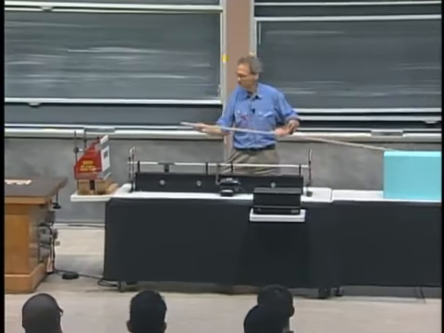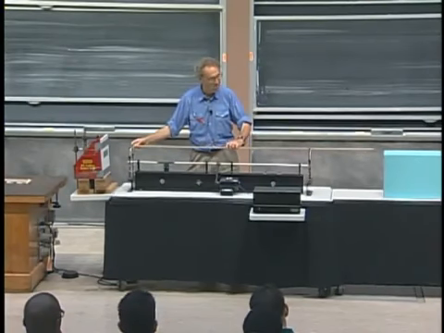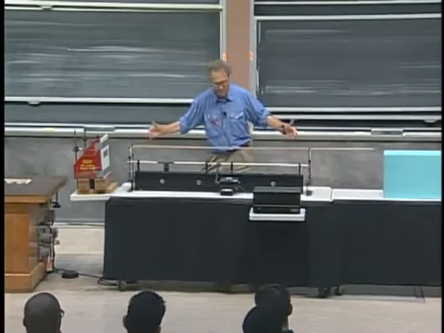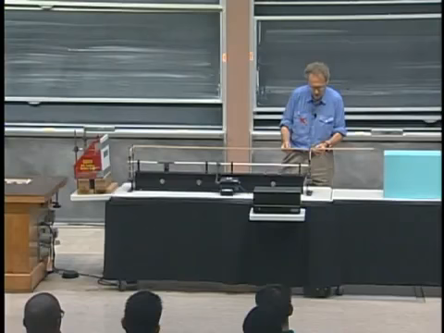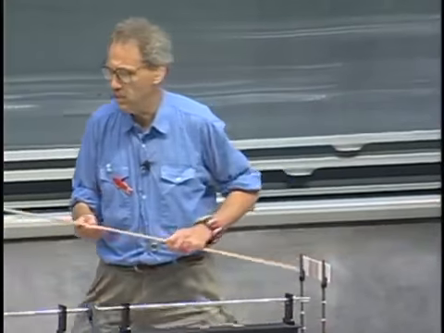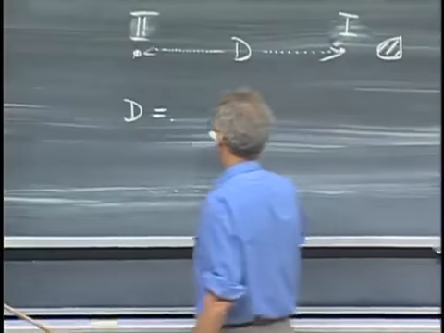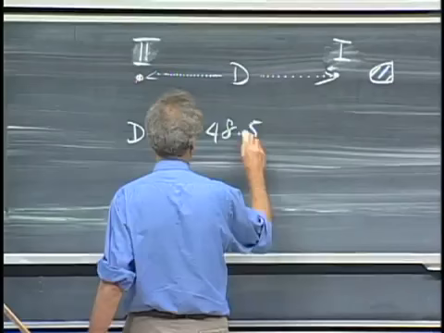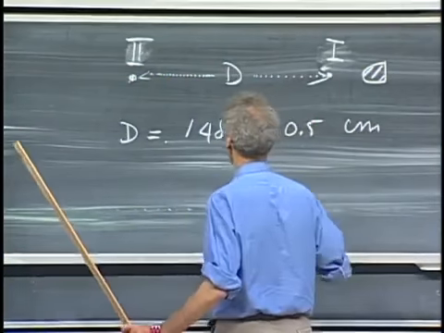Here's the other wire. I cannot do that any better, really, than maybe even half a centimeter, because the situation is not all that stable. I don't know what happens when the bullet will hit the wire. So I would say it is 148.5 centimeters, but I cannot guarantee it to better than half a centimeter. 148.5 plus or minus 0.5 centimeters.